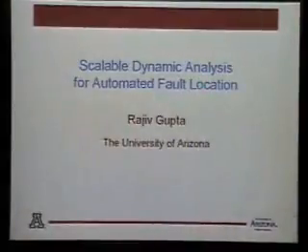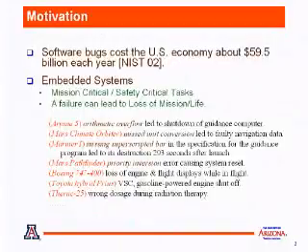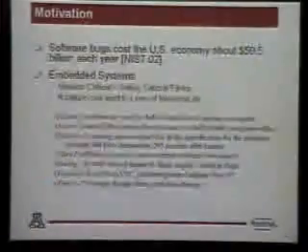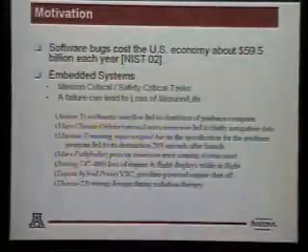Okay. Thanks. So the talk is about dynamic techniques for automated fault location, and the motivation for this work is clear: the presence of bugs really reduces the productivity of developers, and there are studies which show that it costs the economy.